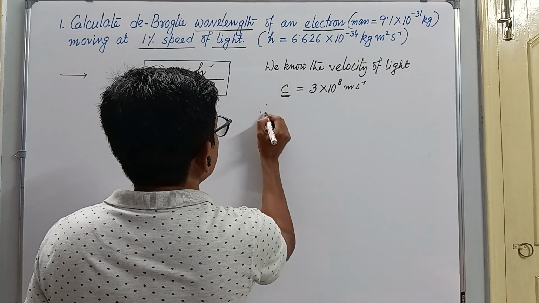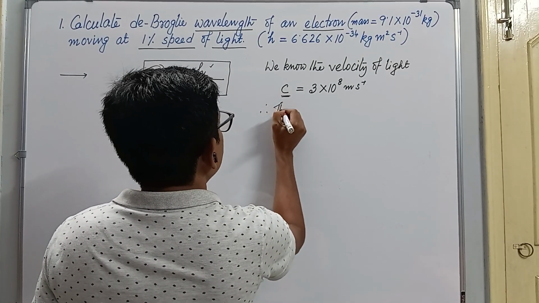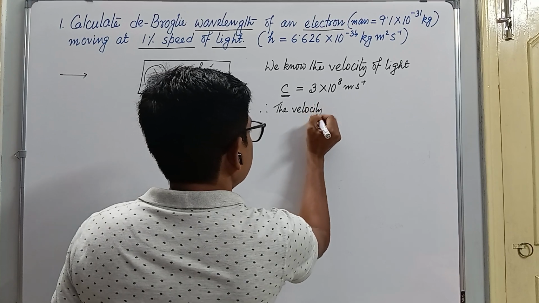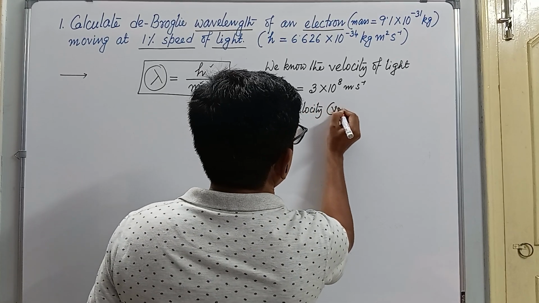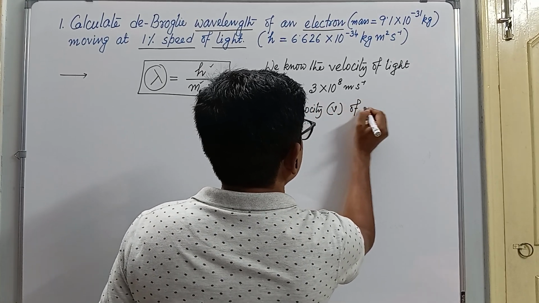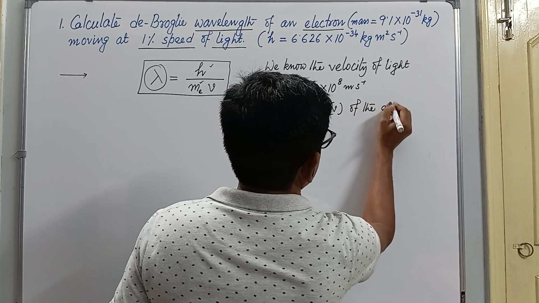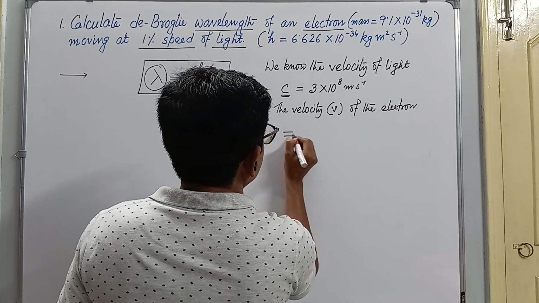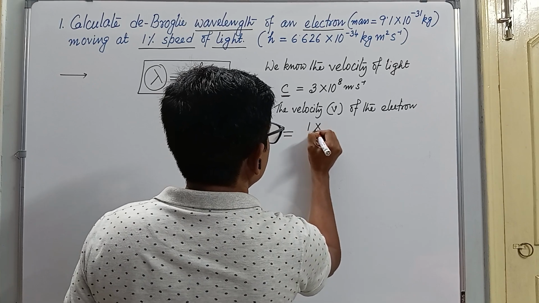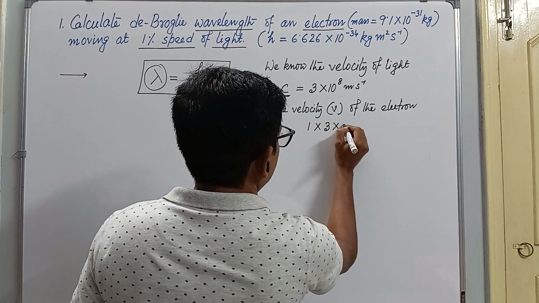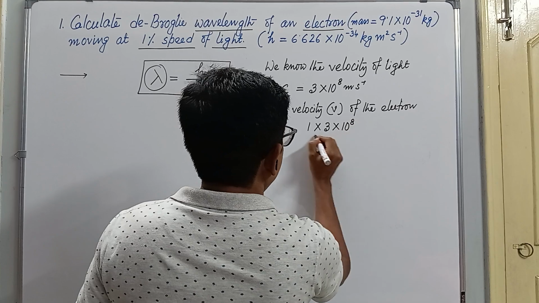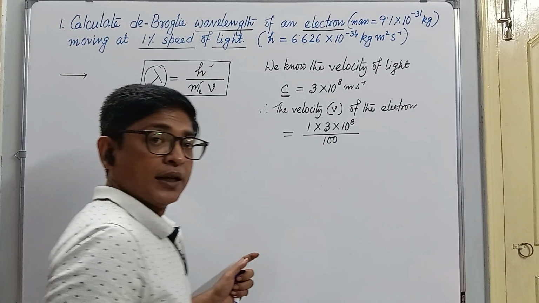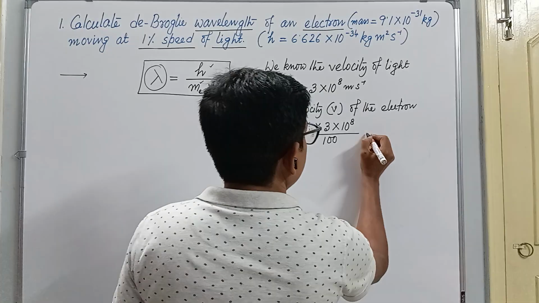So what can we do? The velocity v of the electron can be calculated as 1 into 3 into 10 to the power 8 divided by 100. What will be the unit? The unit will be meter second inverse.